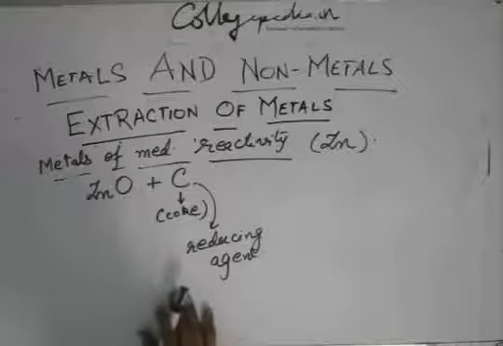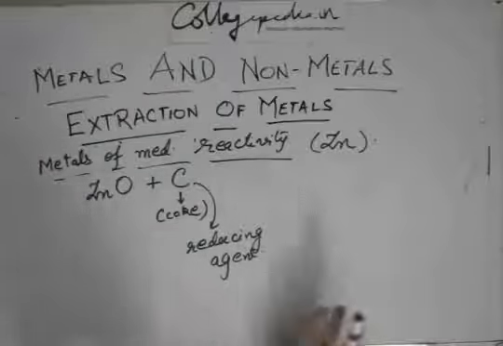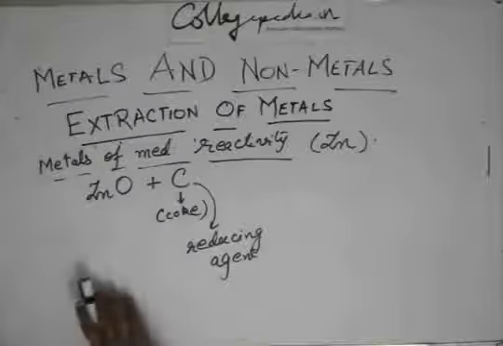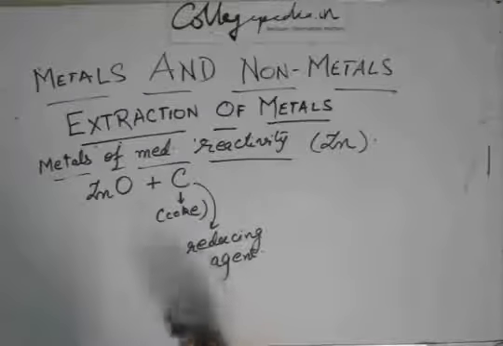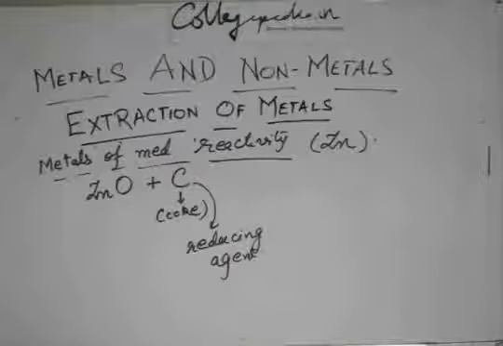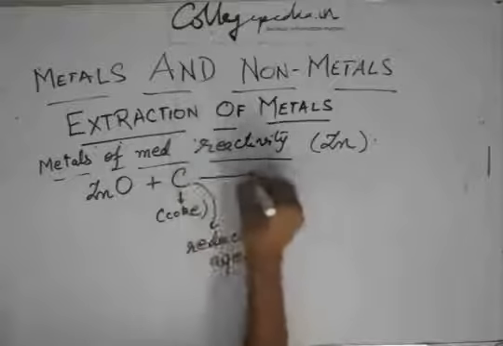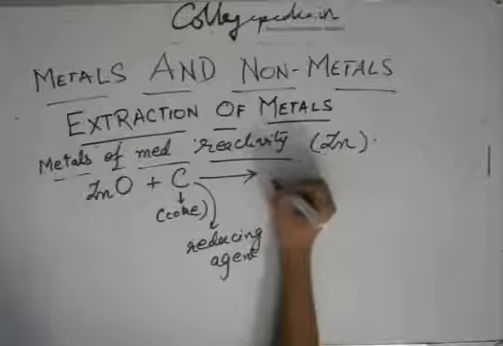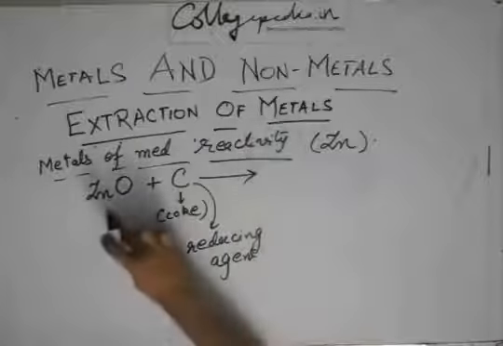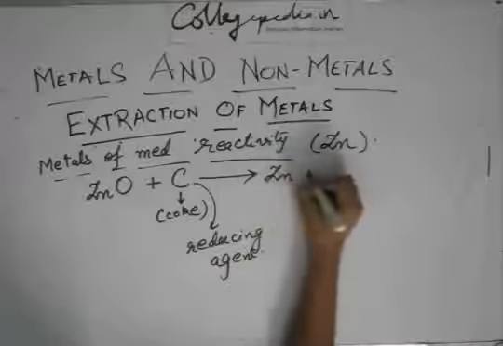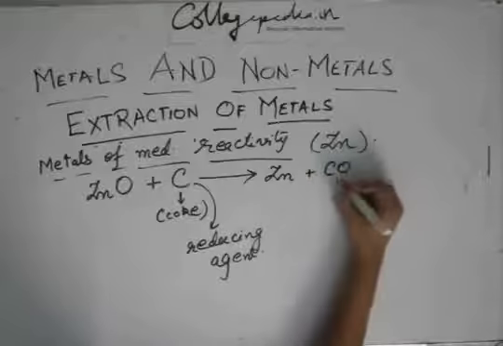Now, what is a reducing agent? Which either removes hydrogen, removes oxygen, adds hydrogen, or removes an electronegative element, adds electrons and so on. So in this reaction we are mainly concerned about removal of oxygen. So what carbon does is that it gives Zn and it forms CO. What is CO?